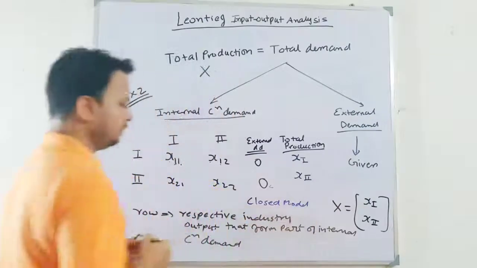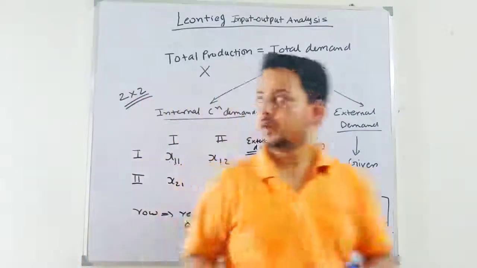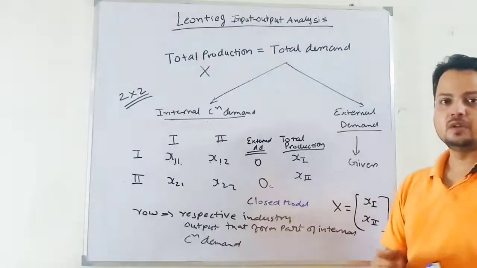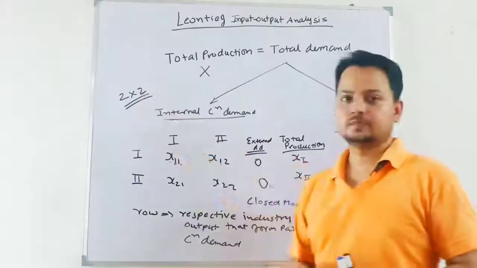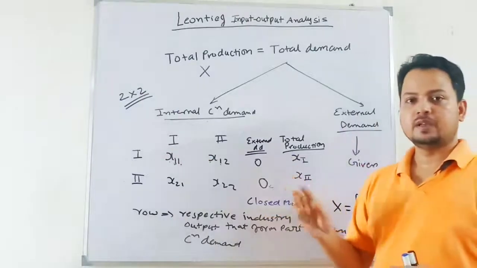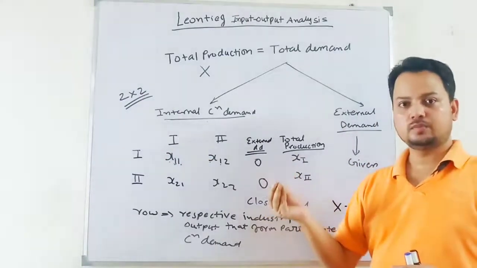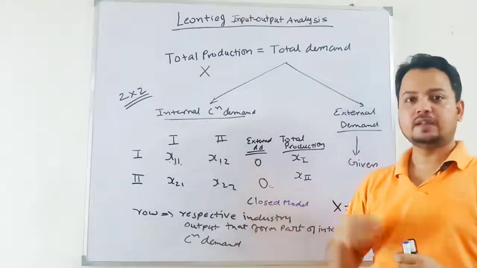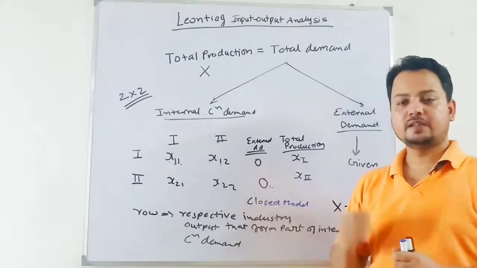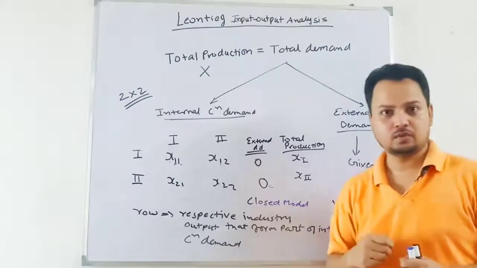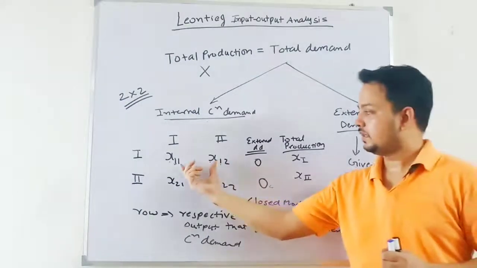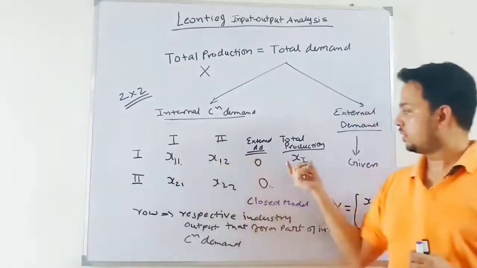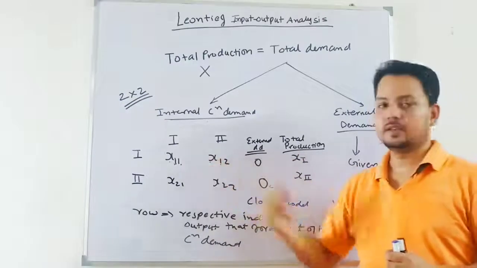So in the closed model, we only have internal consumption demand, there is no external demand. In a 2 by 2 model, there are 2 industries producing 2 outputs. They demand the output of the other industry as well as their own output as input. Their demand is such that total production equals total internal demand.